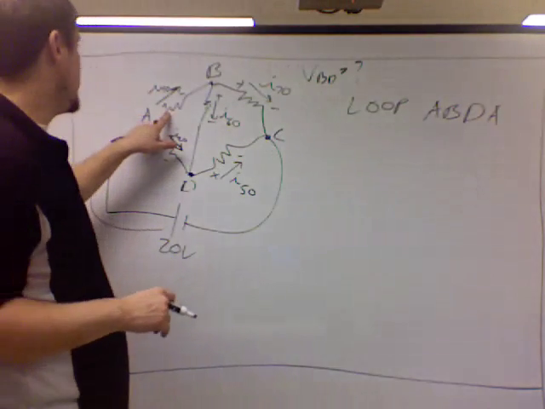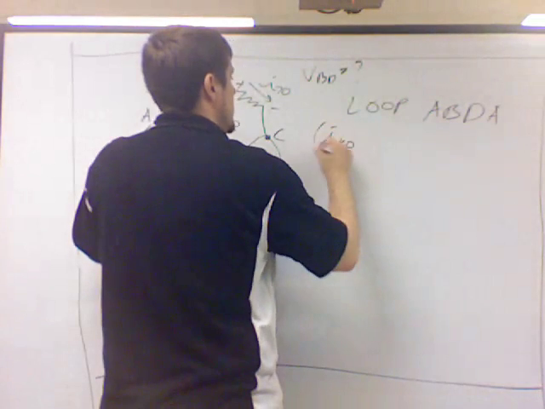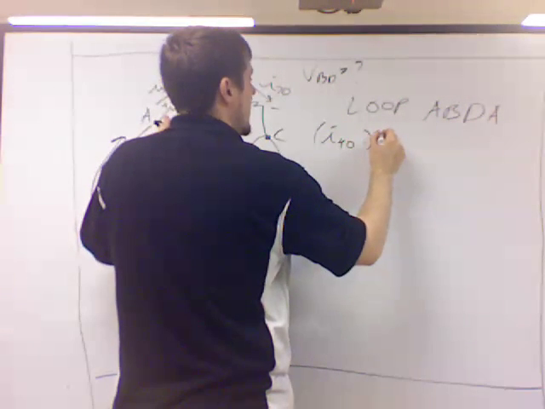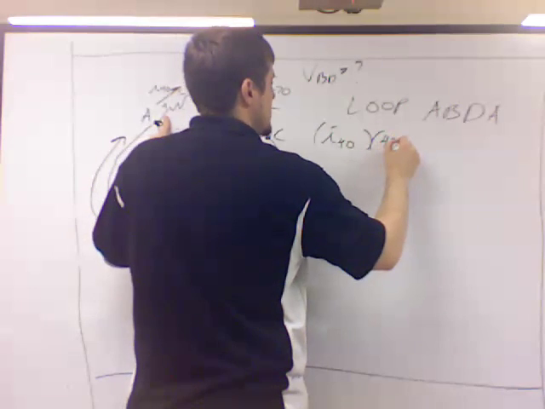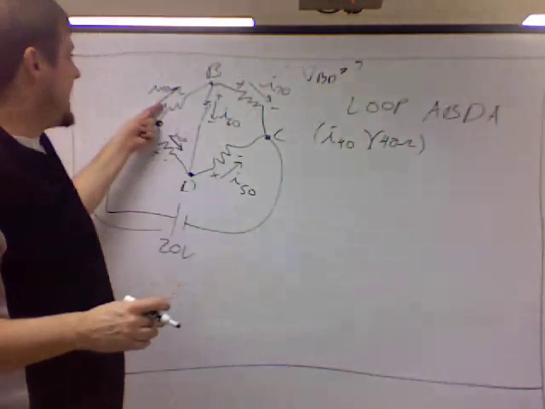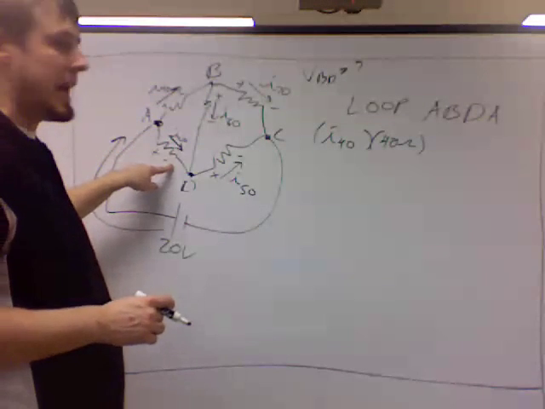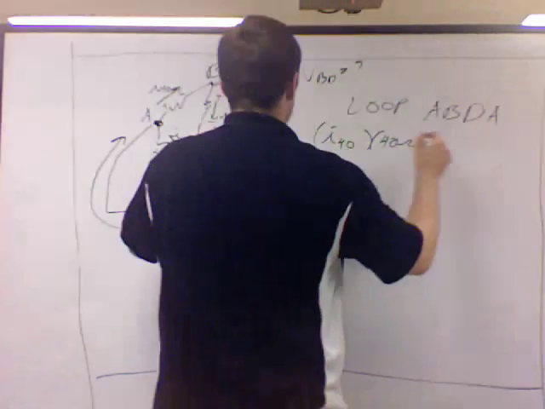And we'll write the equation here. We have current through the 40 times the resistance of the 40, which is 40 ohms. Okay, that is a drop. We've got another drop right here. So I'm doing drops on the left.